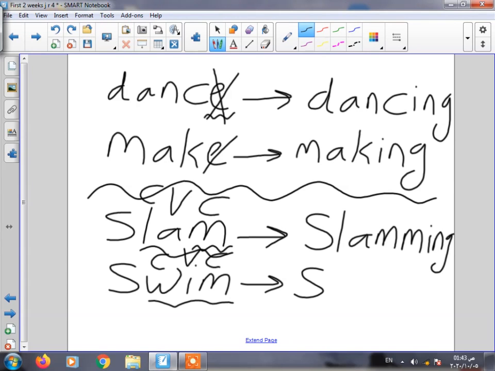It will be swimming. So remember, if the verb ends with E, I cancel the E before I add ing. If the verb ends with consonant, vowel, consonant, I double the last letter before I add ing.